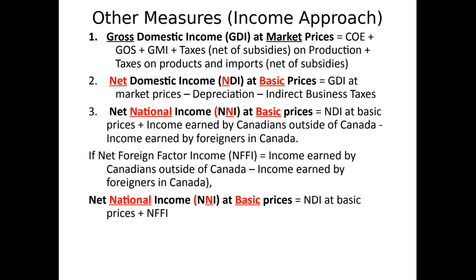And one thing, let me emphasize again, by market prices, I mean current prices. Don't get confused with this. So by market prices, I mean current prices, and this is basic prices. The difference is only indirect business taxes. Thank you so much.